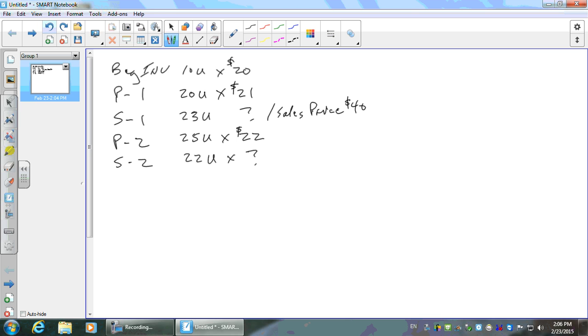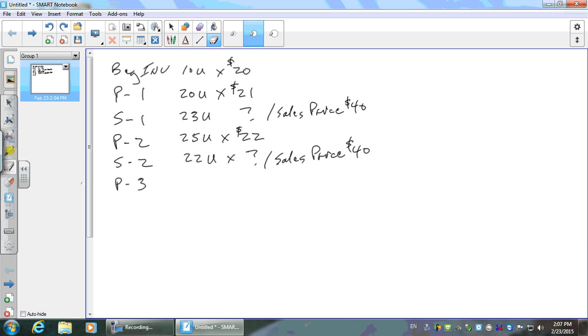We're buying them for 21 and still selling for 40, I guess. Let's leave the sales price where it is. Sales price on these is $40. We can figure out our sales now. And then let's do a purchase 3 just for the heck of it. Let's make this one last.